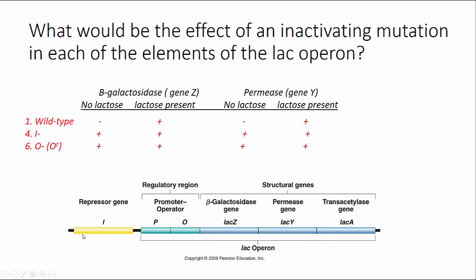I hope you figured out that when you have a mutation in the LAC-I gene itself, or a mutation in the binding site for that LAC repressor, which would be the LAC-O, you cannot repress those structural genes as you would expect, and both genes would now be turned on even when lactose is absent in the cell.